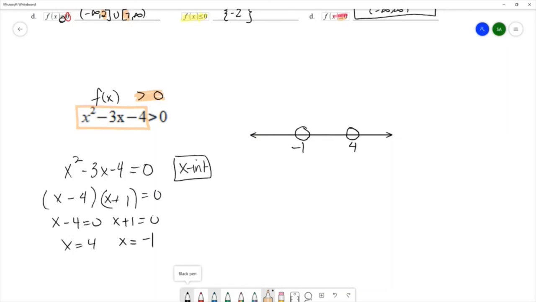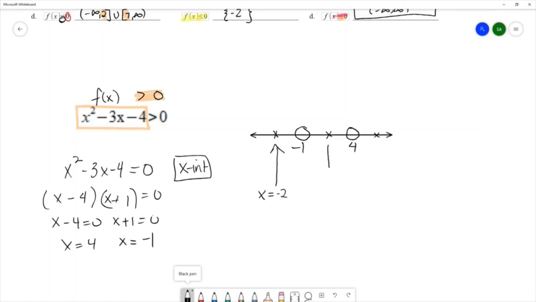So then what I'm going to do is I'm going to test in each one of these intervals whether the graph is above or below. Positive would be above, negative would be below. So I'm going to choose a test point in this interval. I need to choose a test point that is less than -1. So I'll choose a test point of -2.